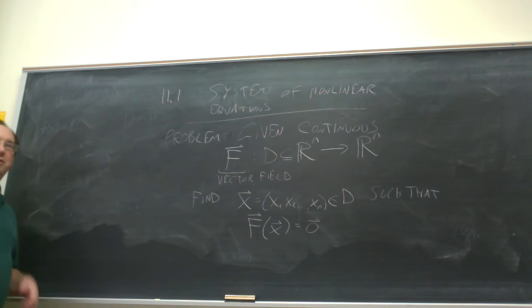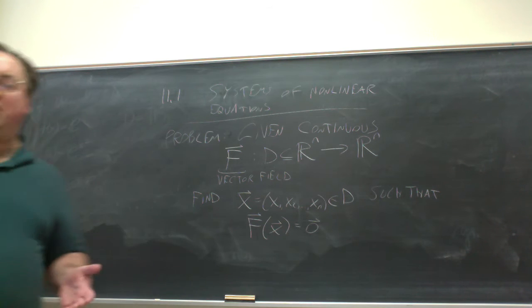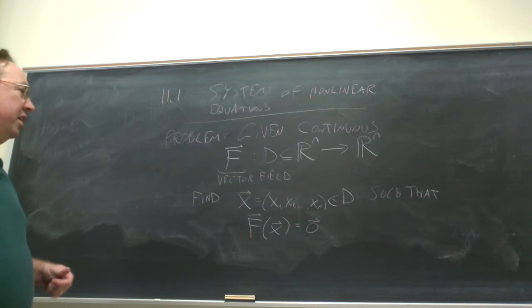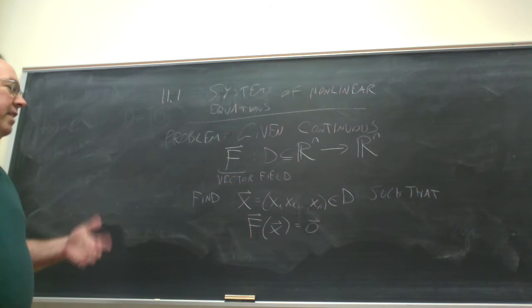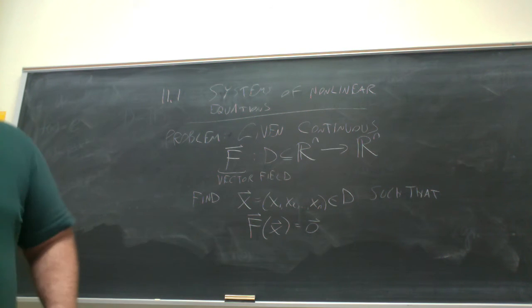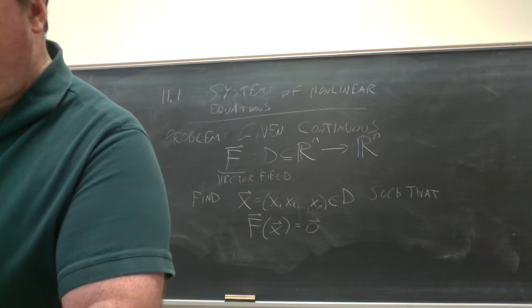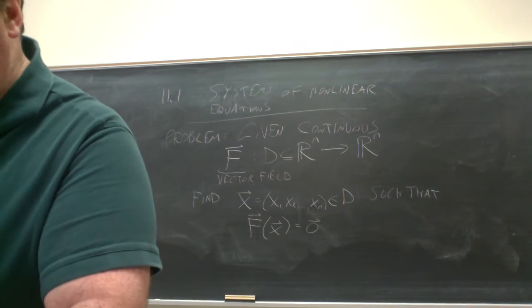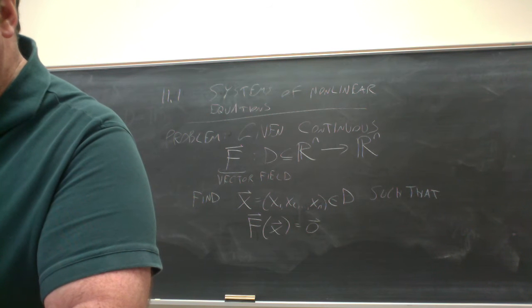So it's a problem we've been talking about, except generalized to n dimensions. So instead of having one equation in one variable, we have n equations in n variables. Okay.